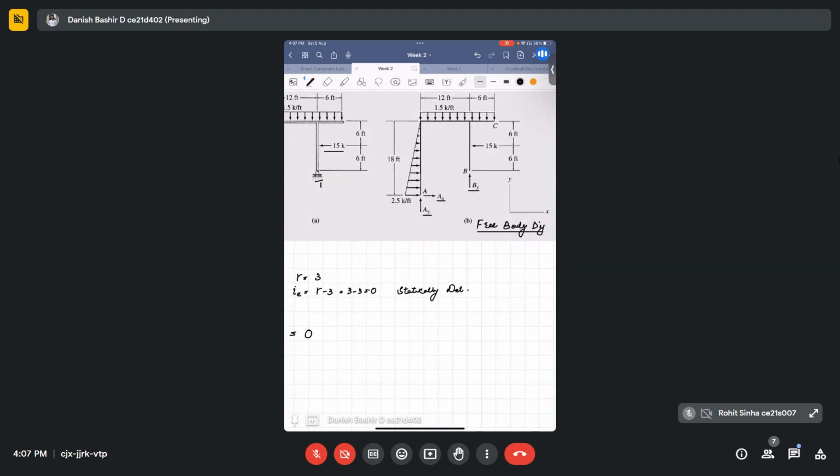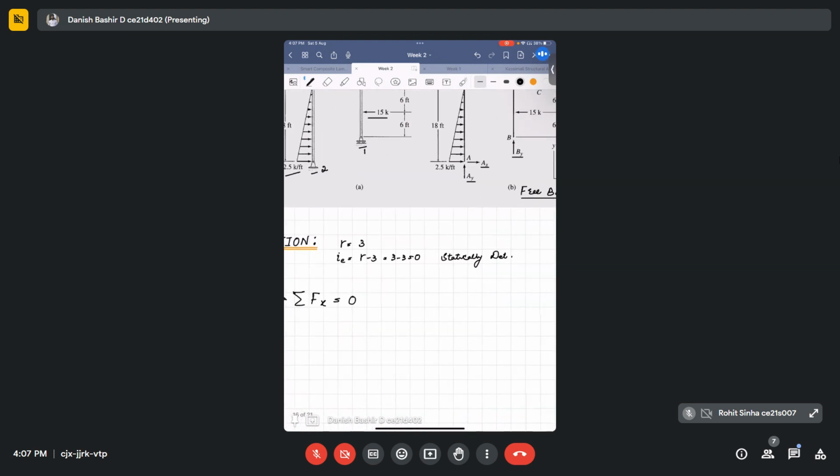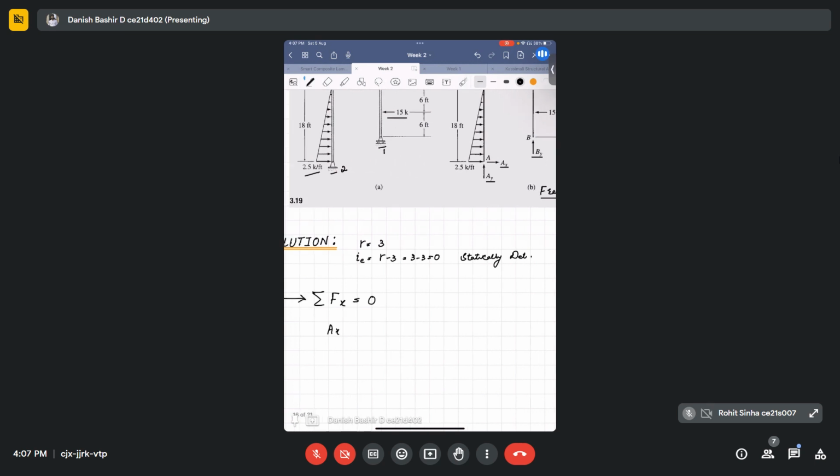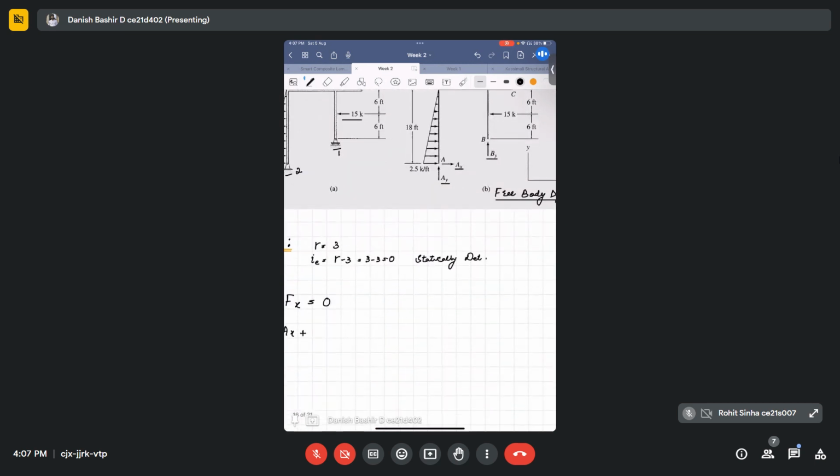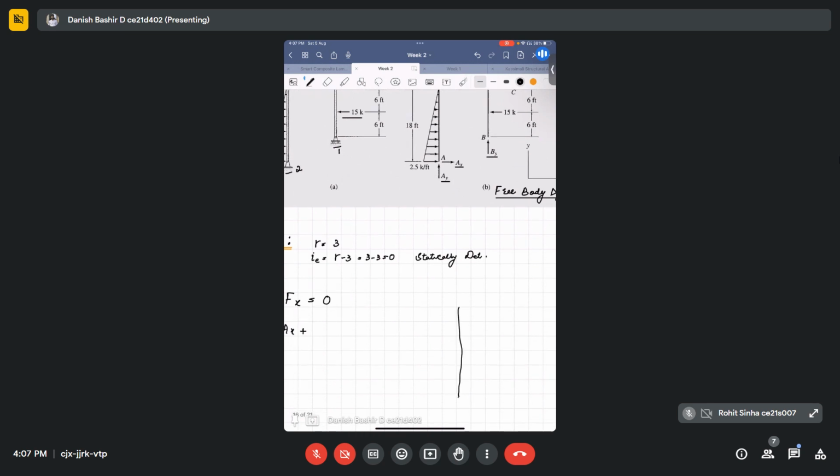If you see, we have Ax acting along the x direction. Ax is assumed to be acting along this direction, so it's positive. Then we have to convert this triangular load into an equivalent one. We have a triangular load like this, and we have to convert it to an equivalent load.